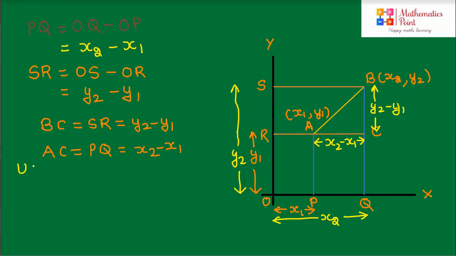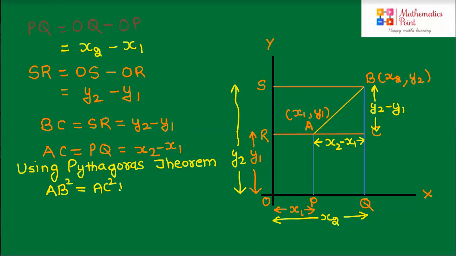So here I'm going to write, using Pythagoras theorem. So what do we have? We have square of AB is equal to AC square plus BC square. Now, what is AC?